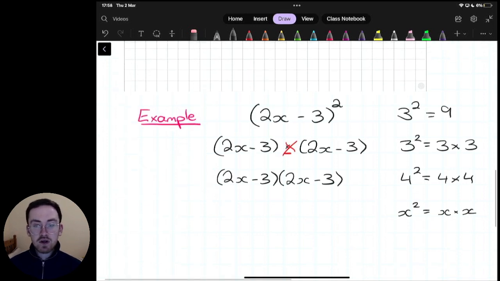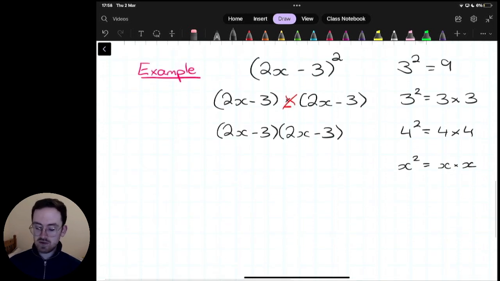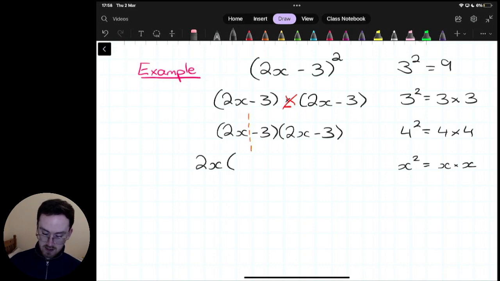And now we're at one of the questions that we've just had in all the examples. So we split it up just after the first term, just before the second term. We take the 2x, we get 2x minus 3. We take the minus 3, we get 2x minus 3. Let's split it up here so we can see where everything's coming from.